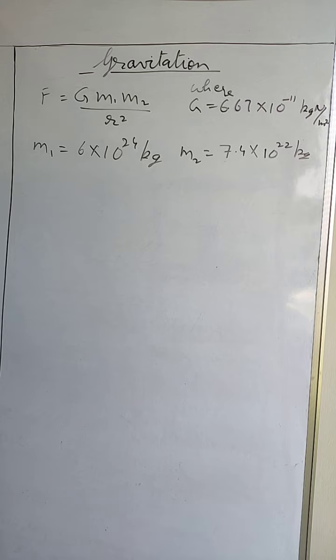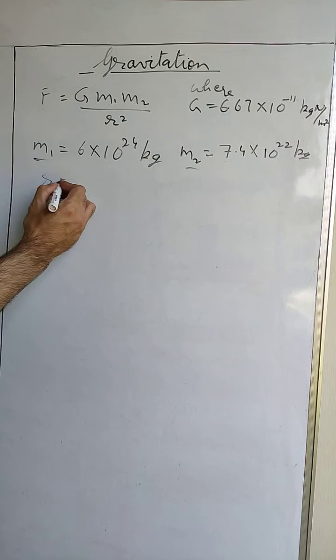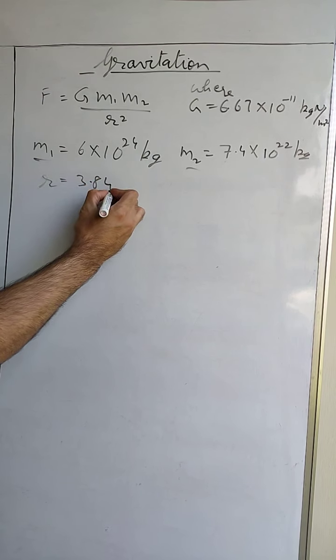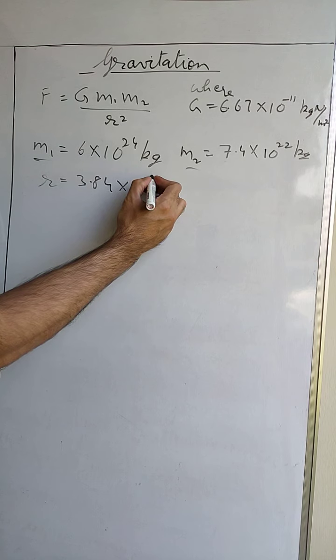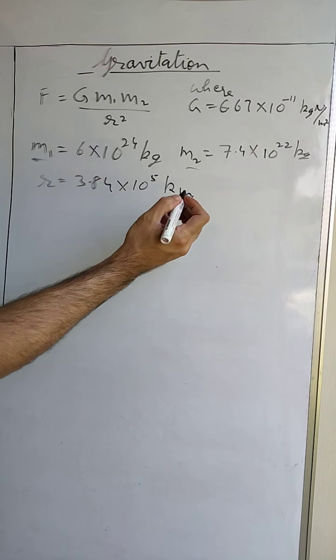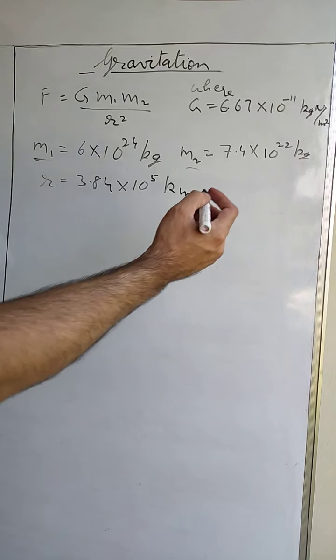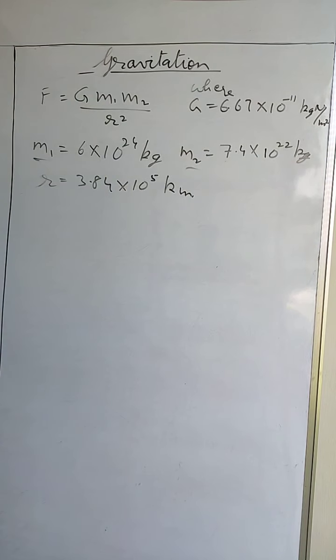So these are the two masses, mass of earth and mass of moon, and the distance between them, that is the value of r, is equal to 3.84 into 10 to power 5 kilometers. Now the first thing that we'll do, we'll convert them into SI units. Like we have already discussed in previous videos, all the units should be in SI system.